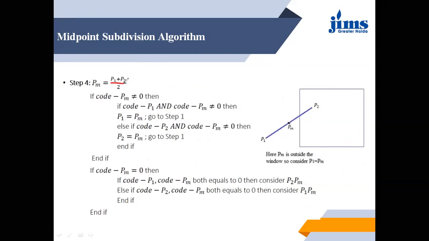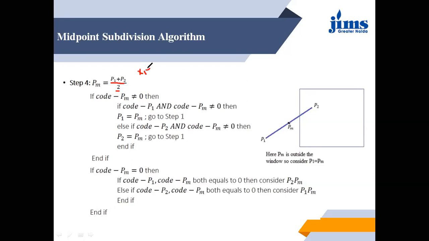We know that the midpoint of a line can be found by taking P1 plus P2 divided by 2. It means we get it from the coordinates by adding the x coordinates of both ends and dividing by 2.